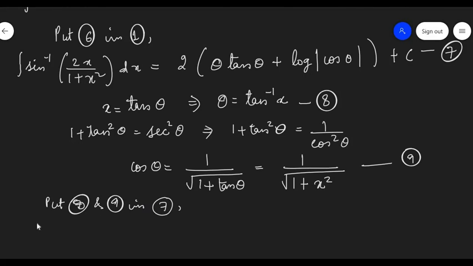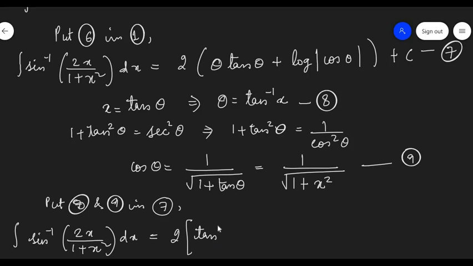So you will get integration of sine inverse of 2x upon 1 plus x square dx as 2 into, so theta is tan inverse x, into tan theta. So tan theta is x plus log of cos theta.